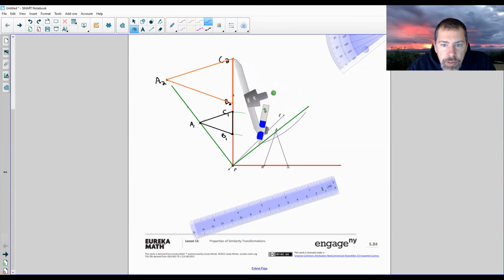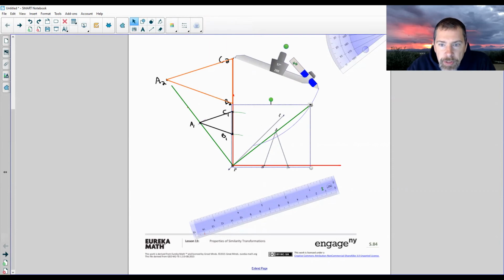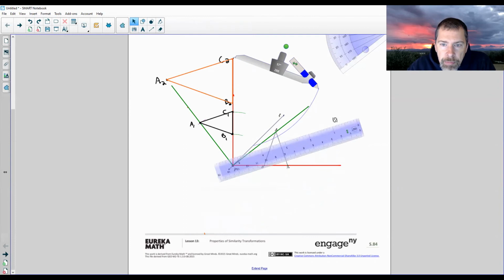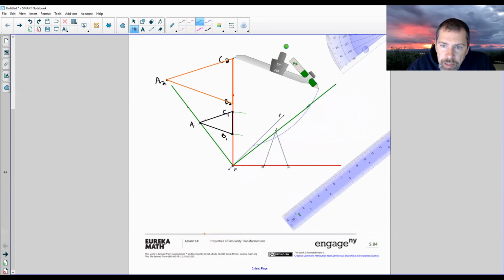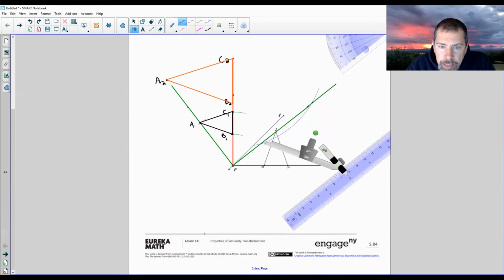So there's an arc there, and I will have to extend my green line. Rotate this around this way, put this here. And let's make it green and make it a little bit longer. And it's off a little, but close enough. So now we have this point here and this point here. And we take our compass and we put it at those intersection points, right? I think.